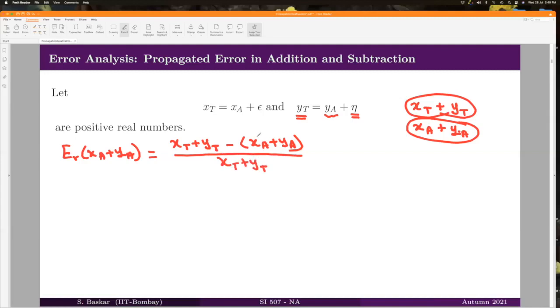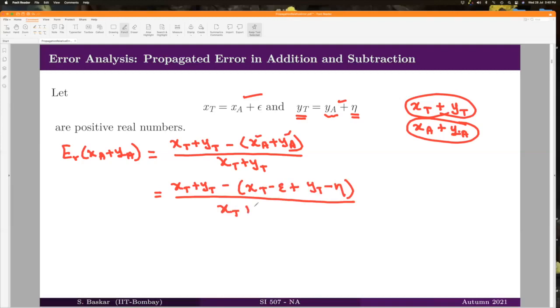Now let us eliminate xa and ya using these two expressions, and that gives us xt plus yt minus, instead of xa, xt minus epsilon, plus, instead of ya, yt minus eta, divided by xt plus yt.